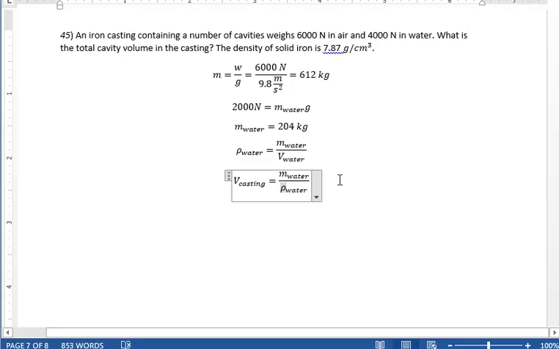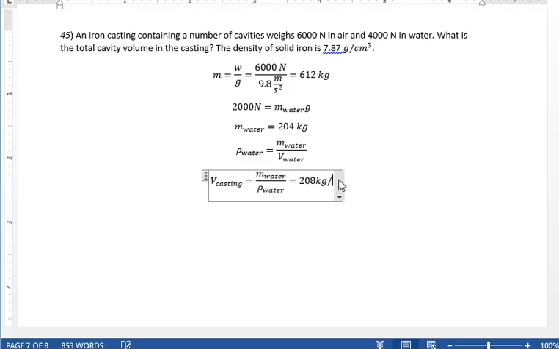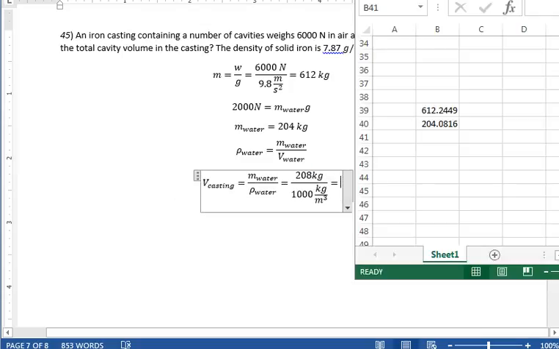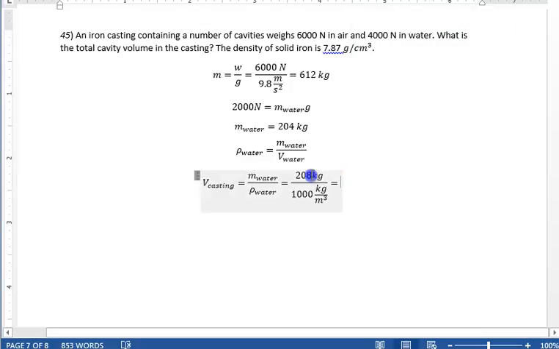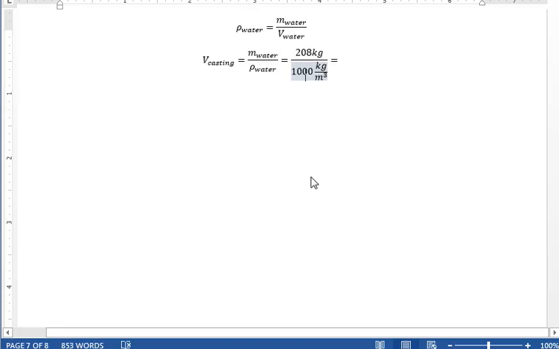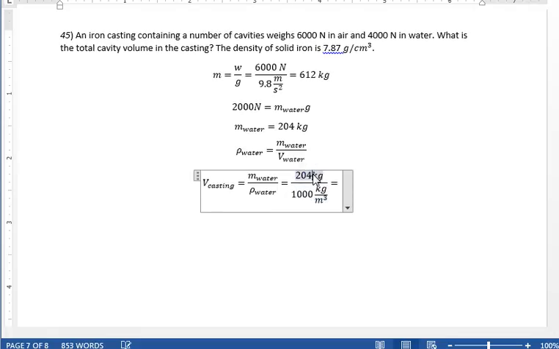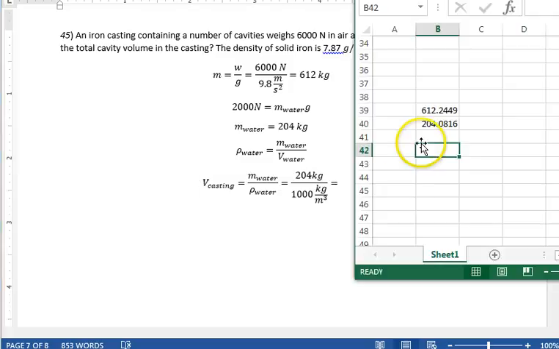Okay, so now here we have 204 kilograms divided by 1,000 kilograms per meter cubed, which equals 204 divided by 1,000.